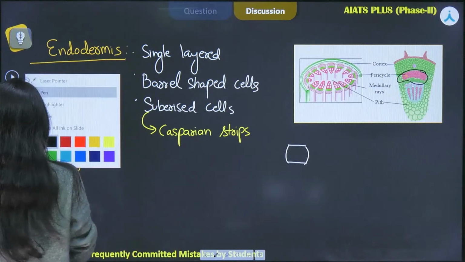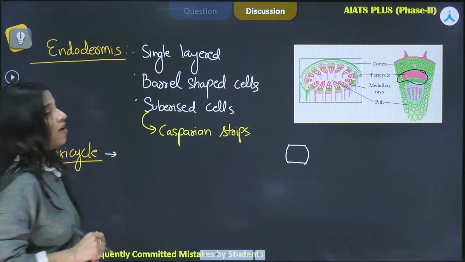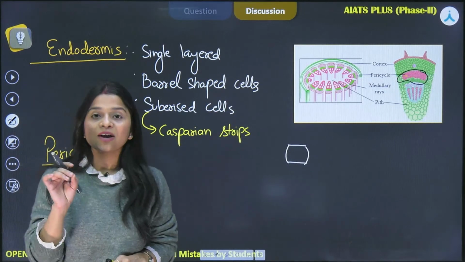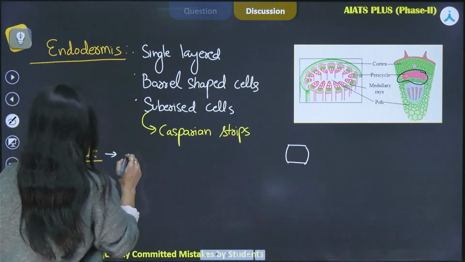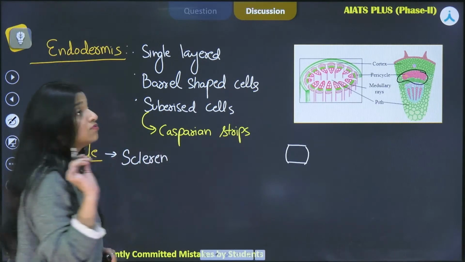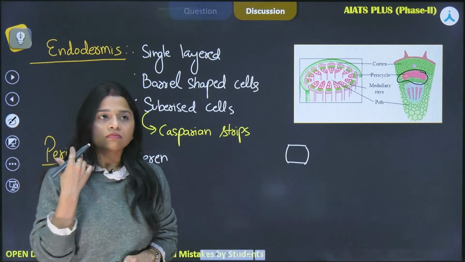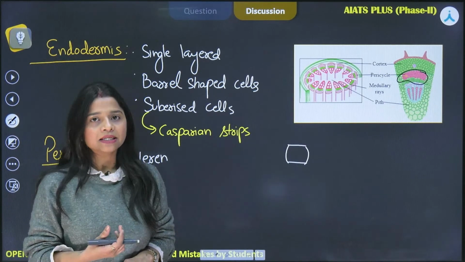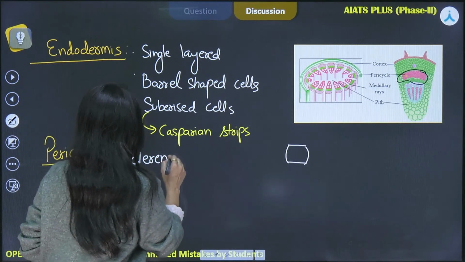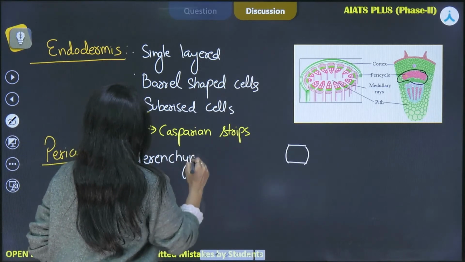While we are speaking of pericycle, in case of a dicot stem it is basically sclerenchymatous. These are important characteristic features that you have to keep in mind, because the questions about the parenchymatous nature and sclerenchymatous nature are often asked. So please be clear about the types of cells.